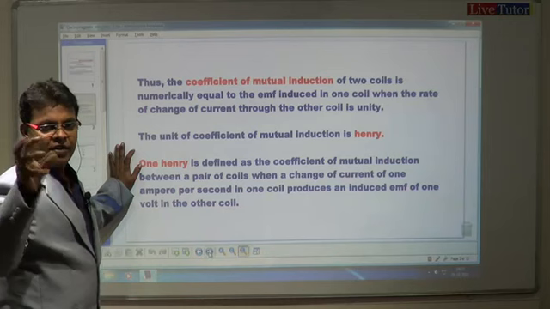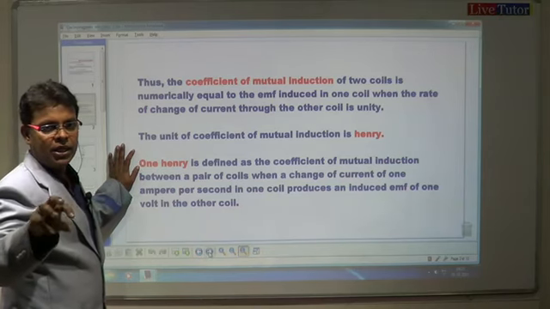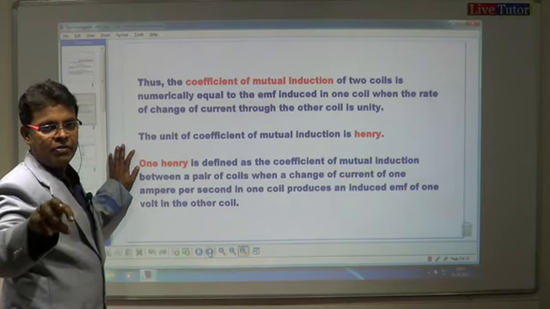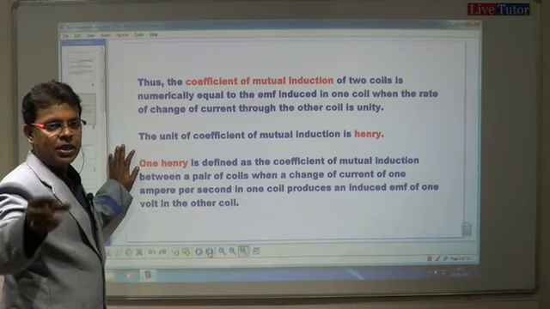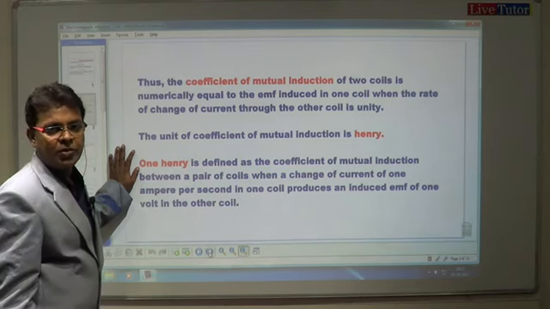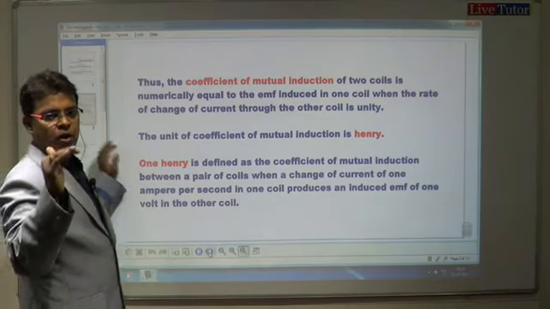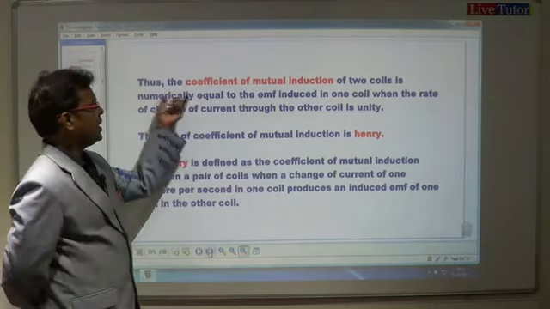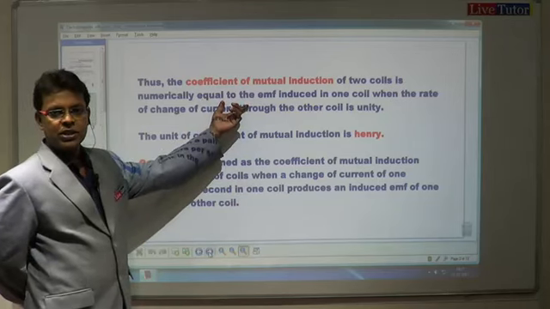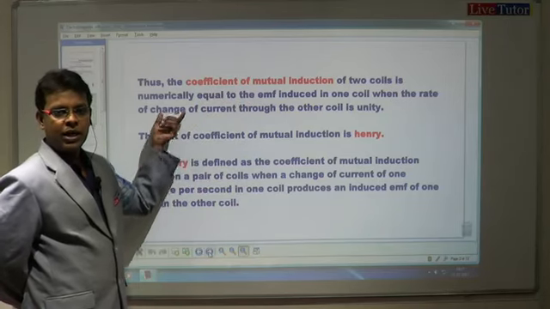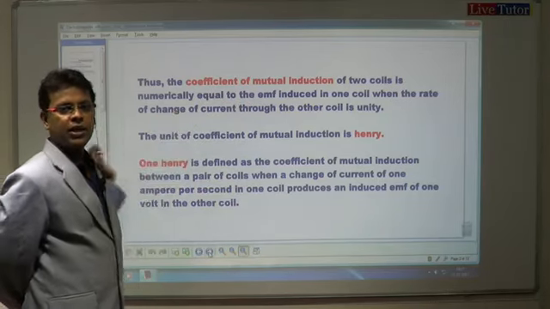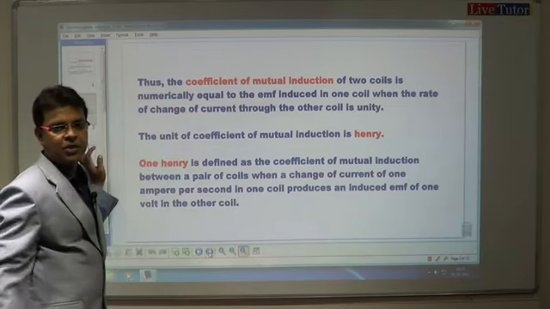The coefficient of self induction is numerically equal to the induced EMF, right? When rate of change of current is unity ன்னு பார்த்தோம் இல்லையா? அதே மாதிரி இங்க என்ன பண்றோம்? The coefficient of mutual induction of two coils is numerically equal to the EMF induced in one coil and the rate of change of current in the other coil is unity அப்படினு ஞாபகம் வச்சுக்கோங்க.